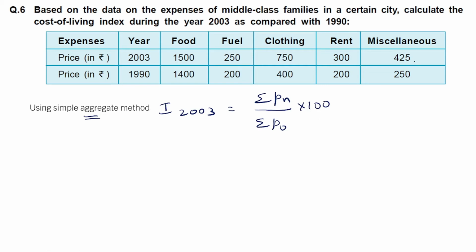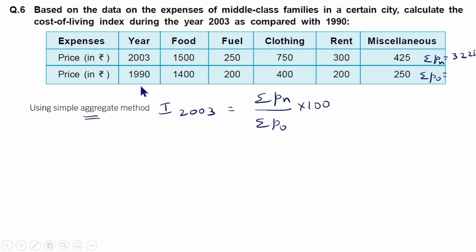So the sum of the prices in 2003, if we add all these, we will get summation Pn. So if we add 1500 plus 250 plus 750 plus 300 plus 425, we will get the sum of the prices in 2003, and that is equal to 3225. Then next we have summation P naught, that is the sum of the prices in the base year.